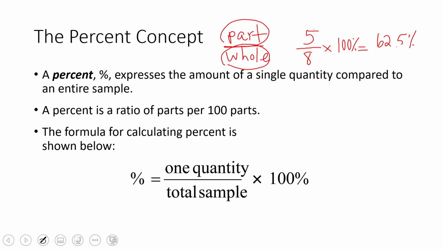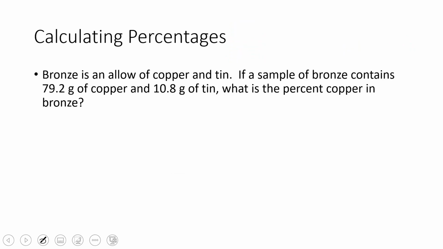Now, just like our other conversion factors, we can take this and use the reciprocal of it for analysis. I'll show you an example in a minute. This example is talking about bronze and how it's an alloy of copper and tin mixed together.